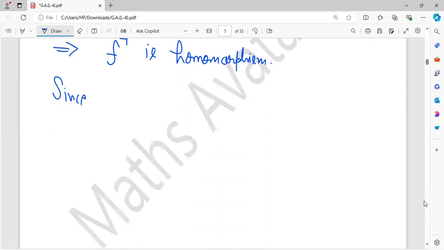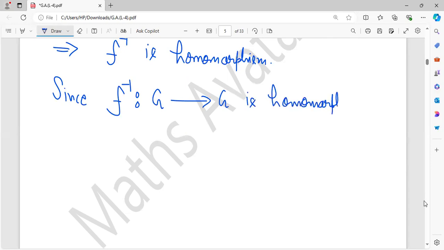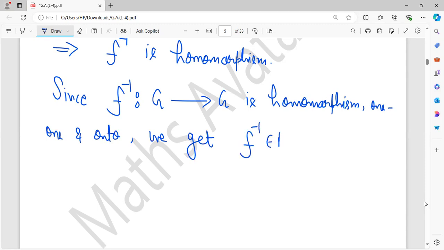Since f inverse from G to G is a homomorphism, 1-1 and onto, we get f inverse belongs to AG.